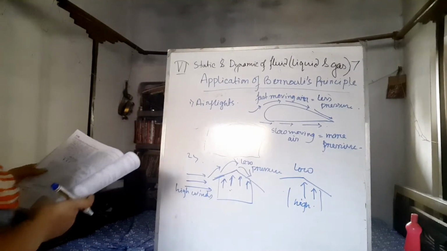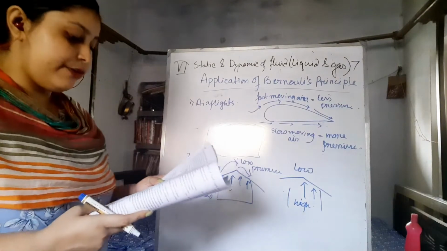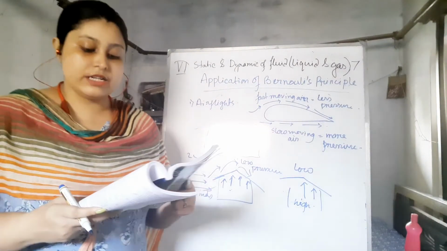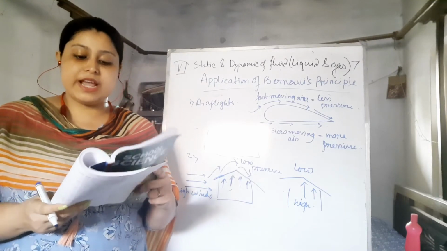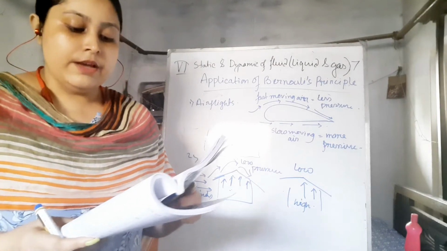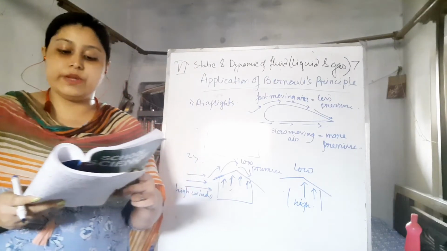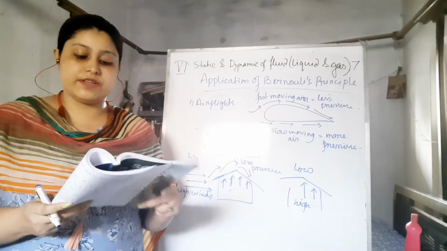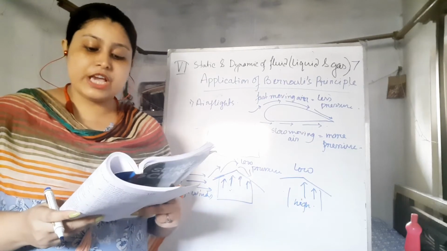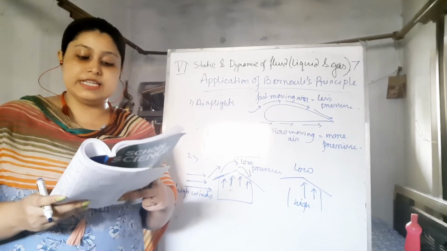One more example I am giving. If the area of cross section at one end of a hose pipe is reduced by pressing with a finger, the velocity of water flow increases there. This happens because when the cross section of the pipe decreases, the pressure of the water is decreased there.